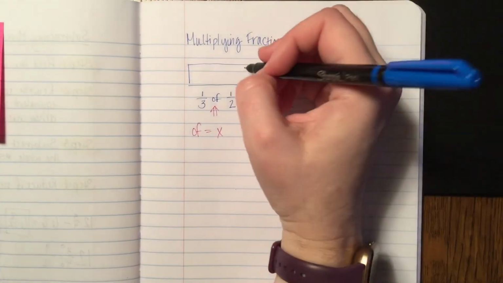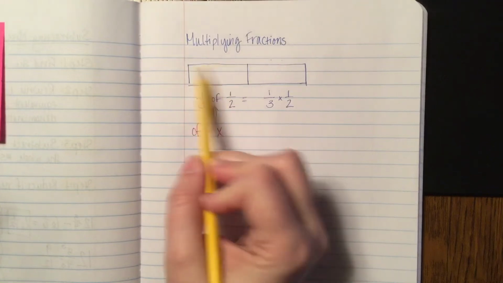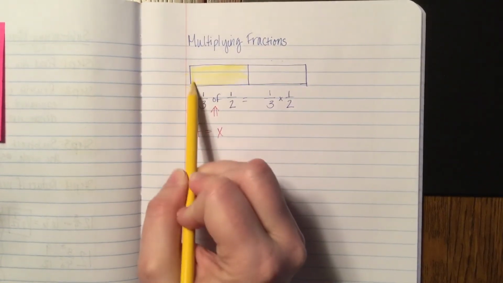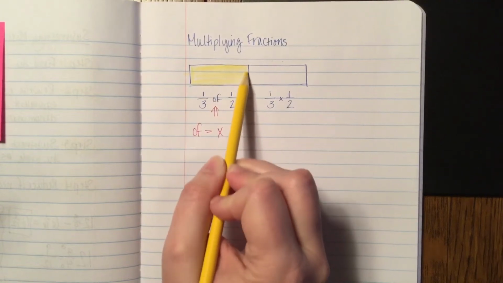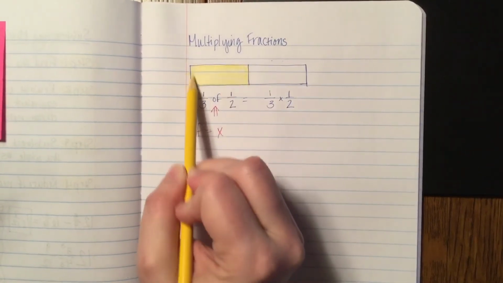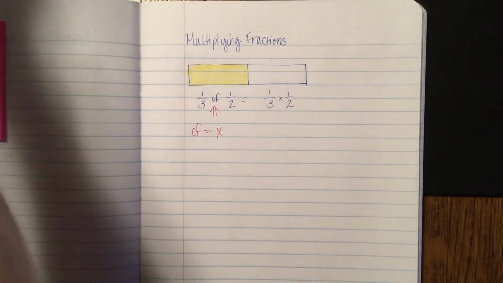So we have to divide our candy bar in half. Okay, and here's my half. This is half of it that we're dealing with. But did I eat half the candy bar? I wanted to, but I didn't. I ate 1/3 of 1/2.